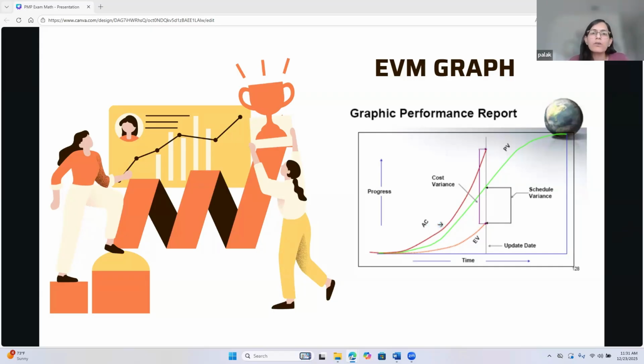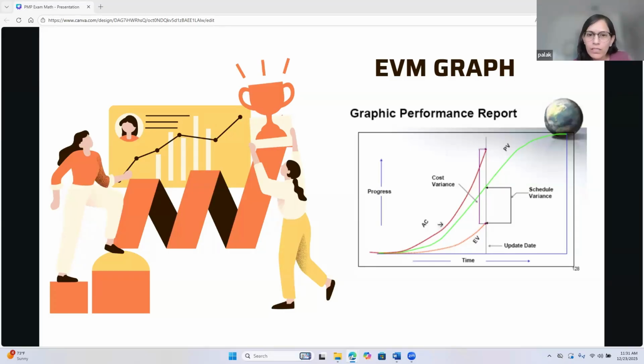Okay, it's not always fixed. This is just an example. They can move around. It could be one above the other or things like that. So we need to understand the difference, which one is higher, and whether that variance will be positive or negative. Just by looking at the graph, we can figure that out.